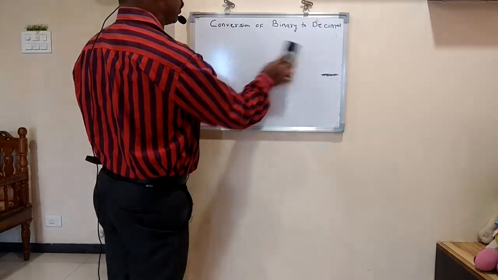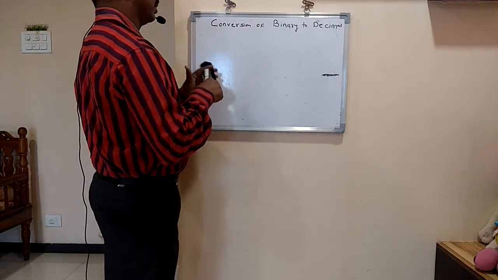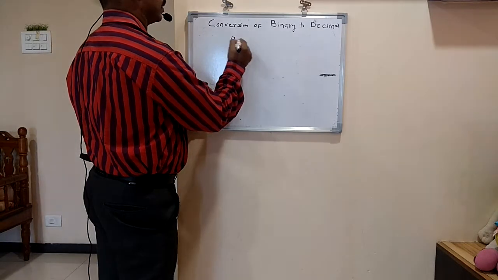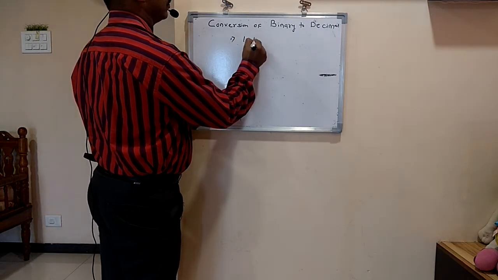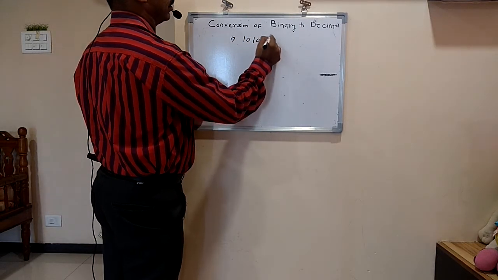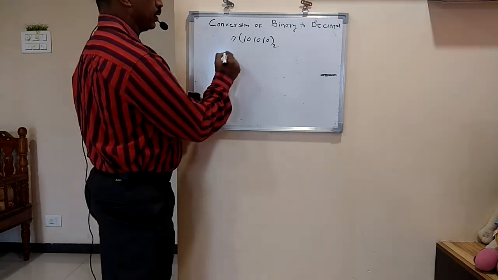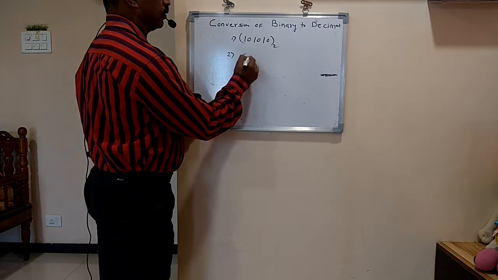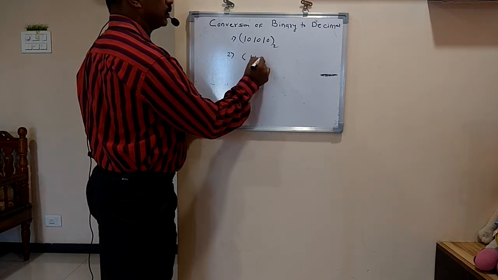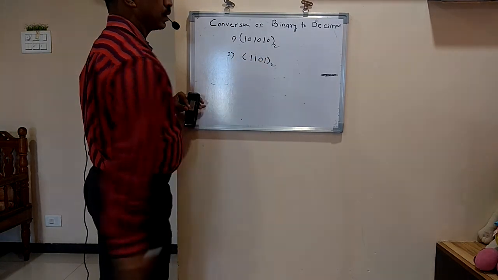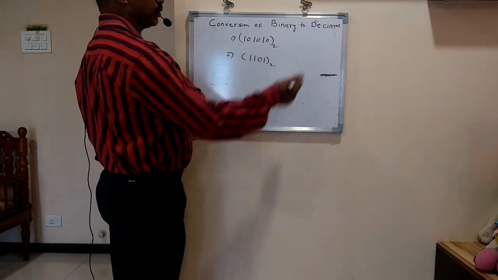Now I will give you homework. Write like this: number 1, 101010. Convert this into its decimal. Second one, 1101. Convert it into its decimal.